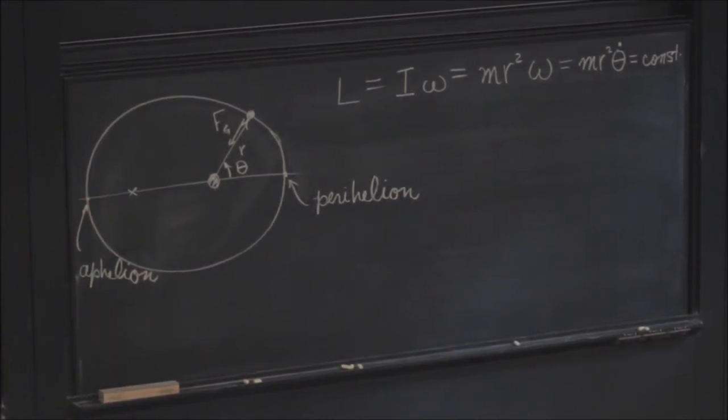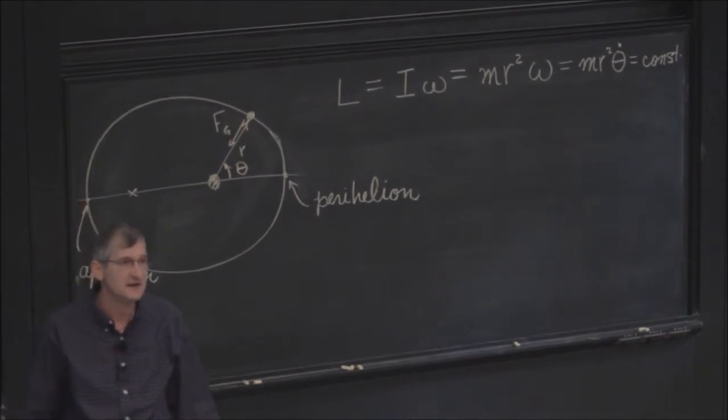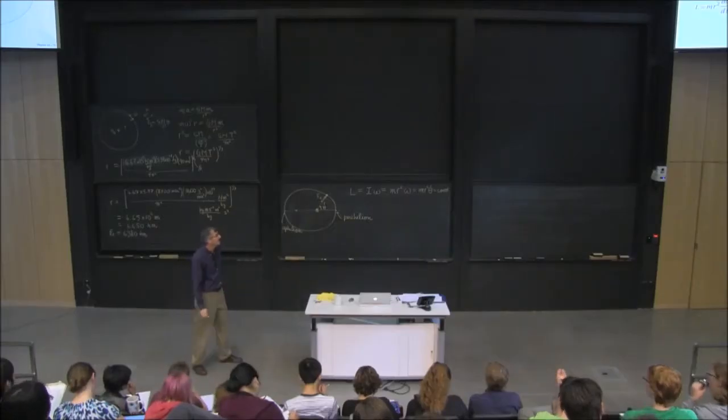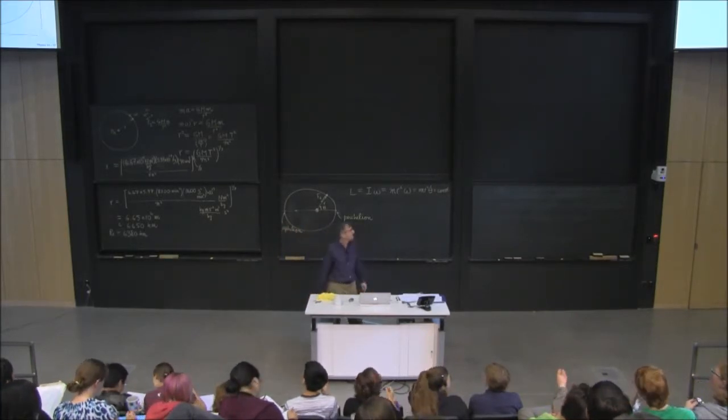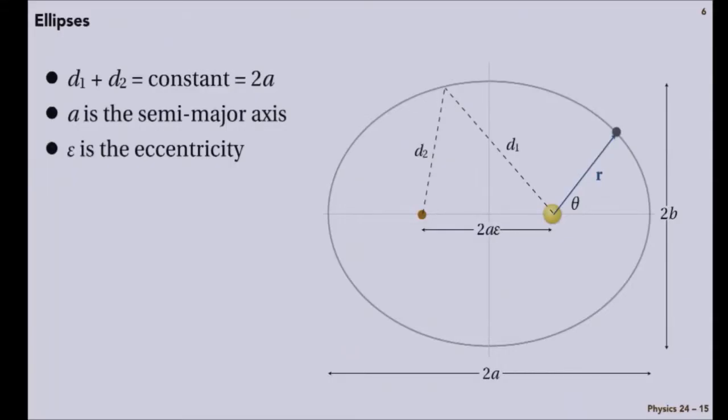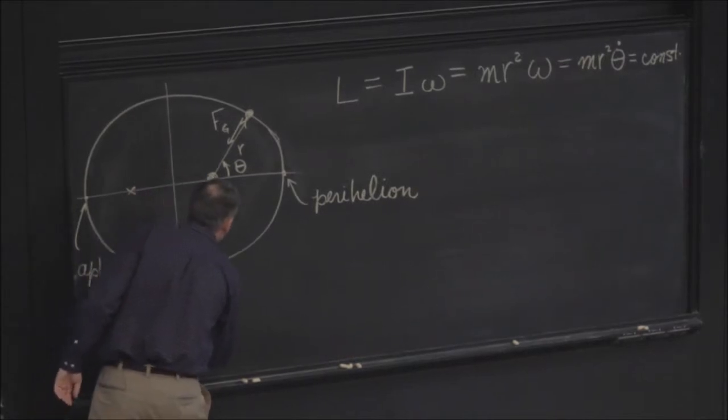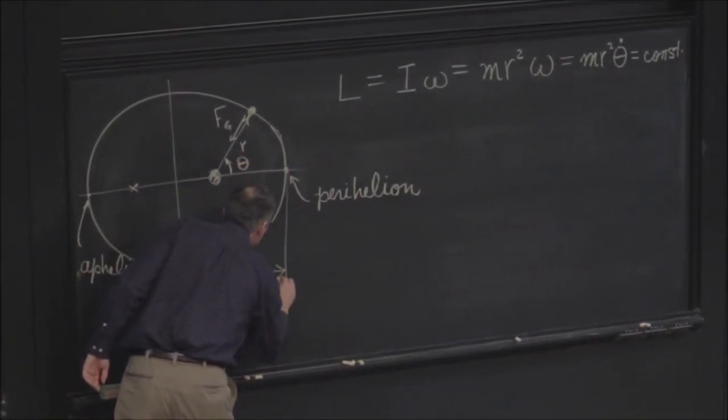Just a little nomenclature. So once upon a time, I did ask what was the semi-major axis, and now I have an ellipse there, so we can actually go look. The semi-major axis is half of the major axis, which means that it's this distance here.